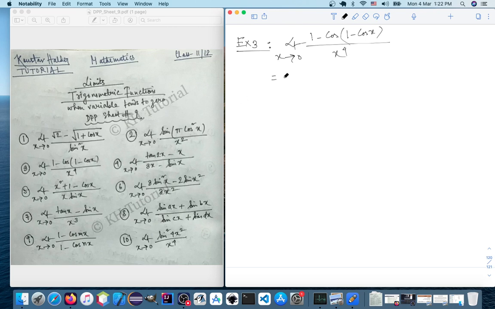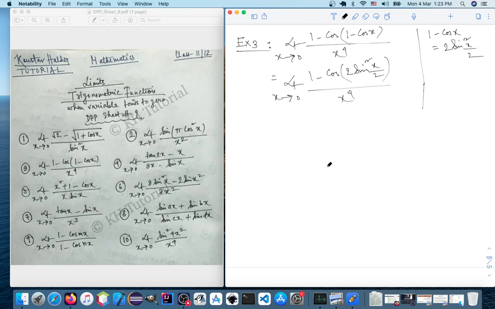So let's rewrite, use this formula: 1 minus cos x equals 2 sine square x by 2. If we do that, we have limit x tending to 0, 1 minus cos x. We are applying this formula, and we get 2 sine square x by 2 divided by x to the power 4.